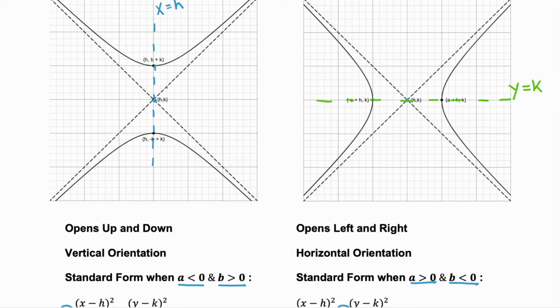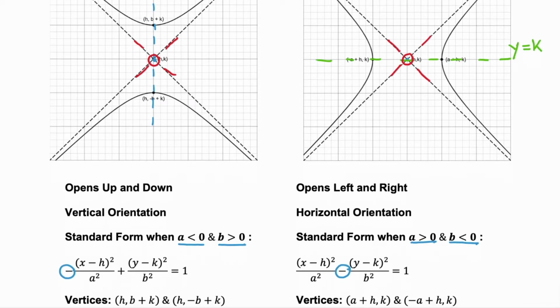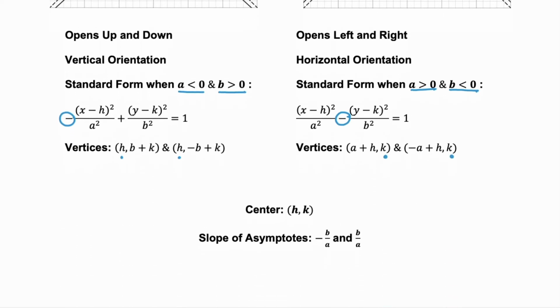I want you to also notice these asymptotes, our dotted lines, right? The dotted lines for both of these hyperbolas. Notice that they go through that center point. That center point is crucial to getting your graph correct. Now, how do we find the asymptotes?